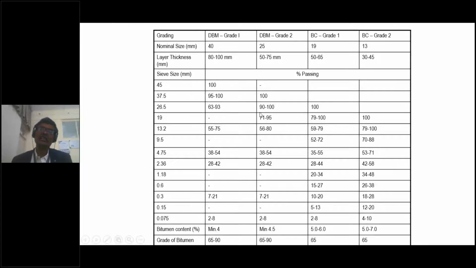Though it is a range, upper limit and lower limit are given, we have to follow a particular trend. It's not that 90 here, 95, 56, 54. That is not gradation, though it fulfills, meets, falls within the band. No, you have to follow lower limit or upper limit or middle limit. Middle is ideal. So that is what the gradation means.